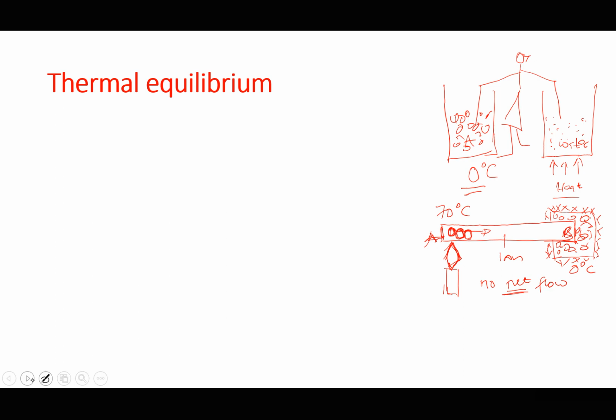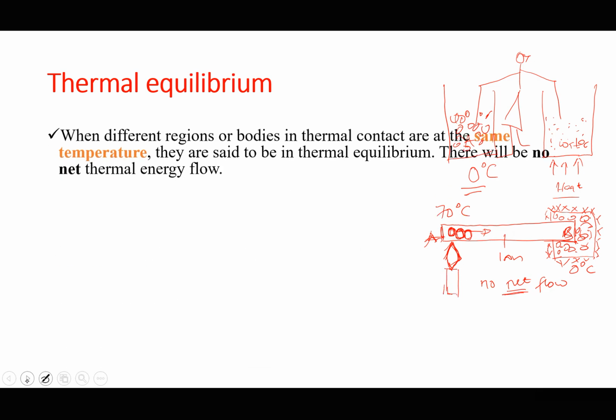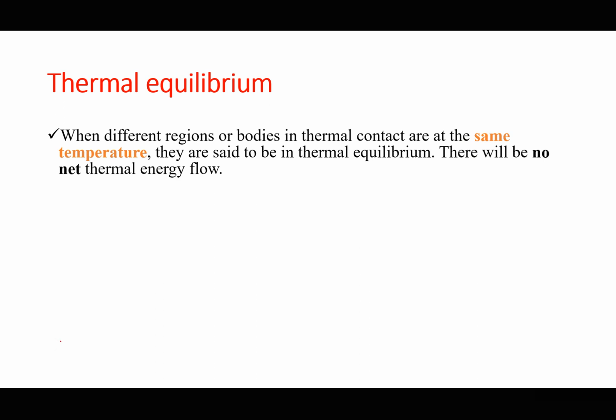Okay, so I must put this in a simple summary: whenever different regions or bodies in thermal contact are at the same temperature, they are said to be in thermal equilibrium. The same temperature is very important.